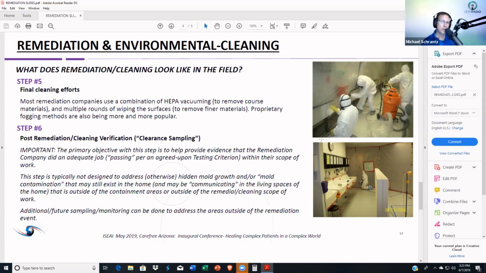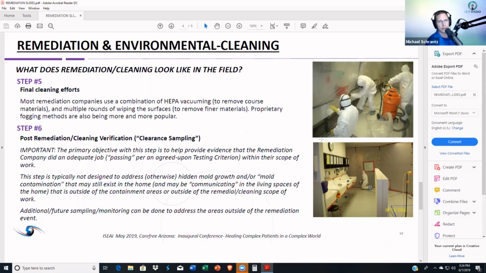The bond between the particle and the plastic may not be strong enough that when they're tearing things down and rolling up the plastic and otherwise getting out of the home, they don't aerosolize or dislodge those, and they then land in the environment. And so, yes, wiping down every surface inclusive of the plastic is critical, and something I know Dustin has done for a long time. So good on you.